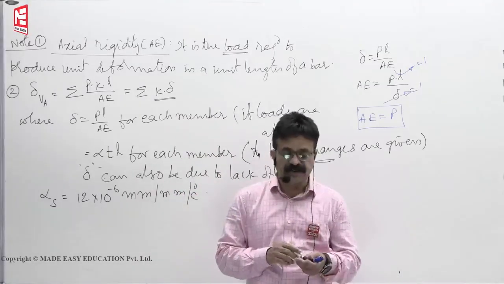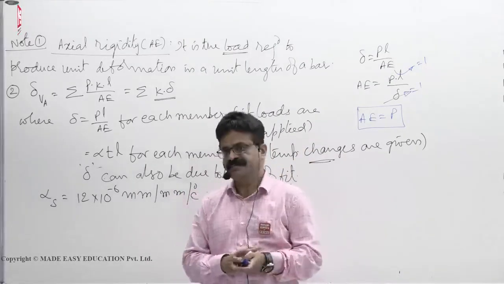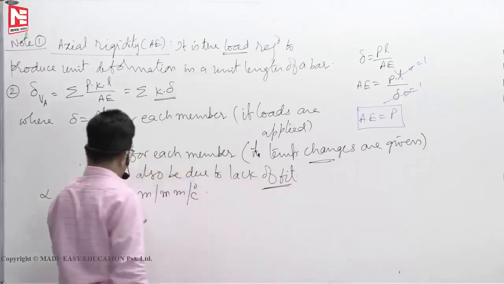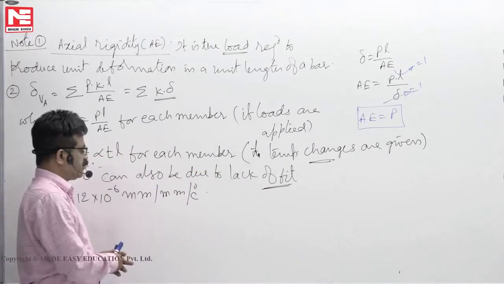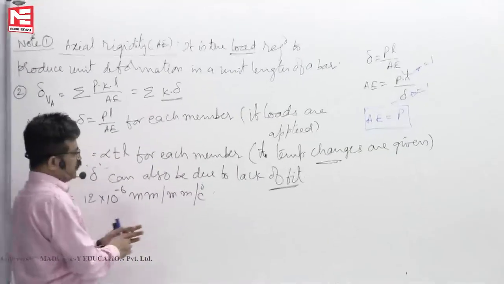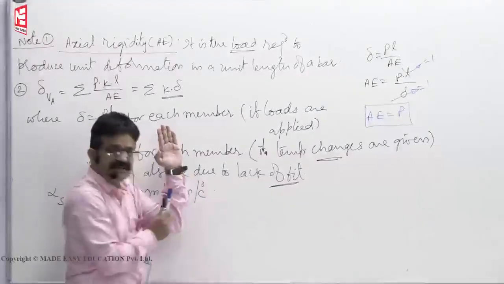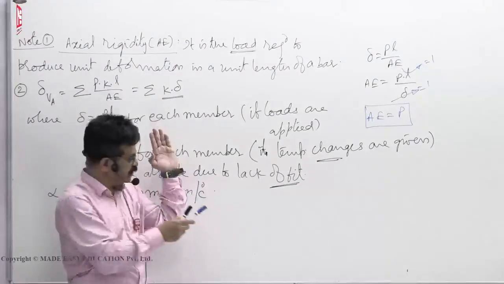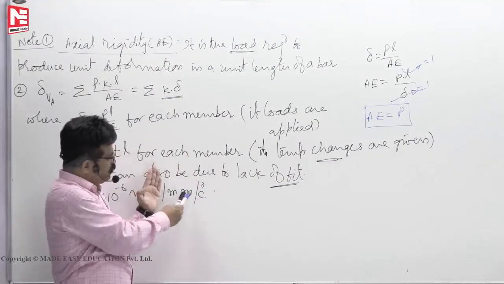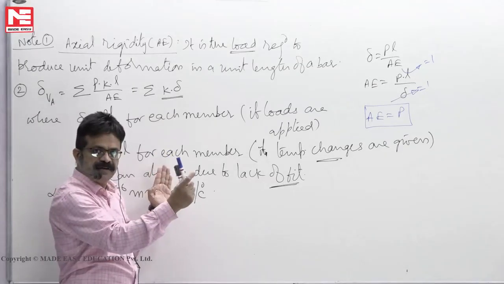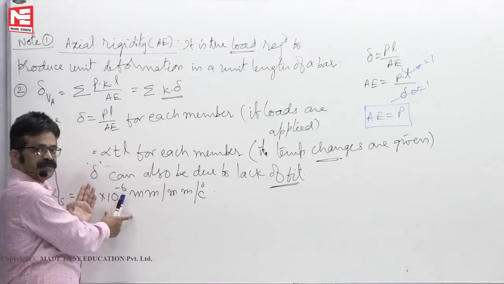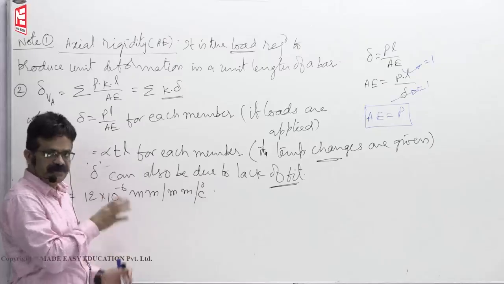What does that coefficient of linear expansion represent? See here, mm per degree centigrade means you have to read like this: for 1 degree centigrade variation in the temperature, 1 length of the bar will change by 12 into 10 to the power of minus 6.